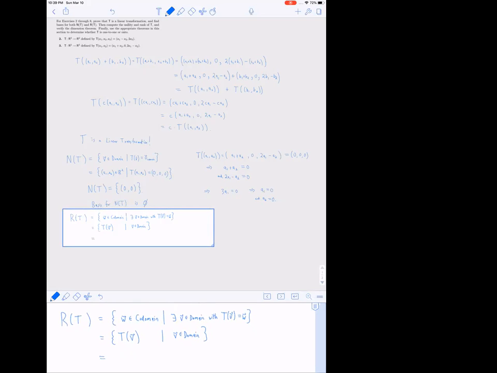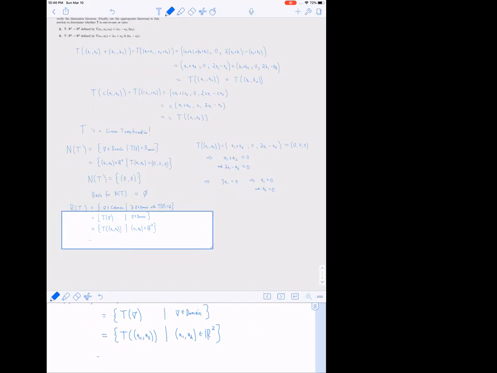All right, so in this case, this means it's the set of all T of A1, A2, let's write that a little bit neater, so that A1, A2 is in R2. Well, we can actually just write that down exactly, because we know what T of A1, A2 is.